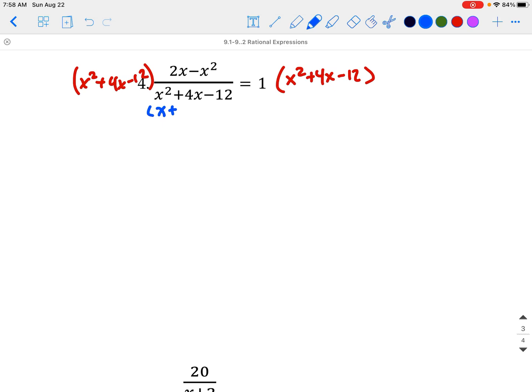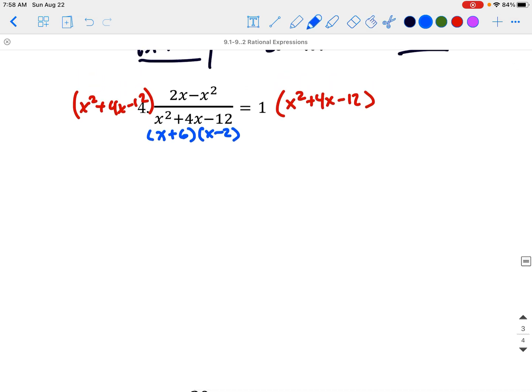So we'll have x plus 6 and then x minus 2. And we can also note that the numerator is going to be x times 2 minus x. So kind of getting that work out of the way. But I'm going to multiply through by our denominator here. So the denominator will cancel on the left, but it will be multiplied by 1 on the right.